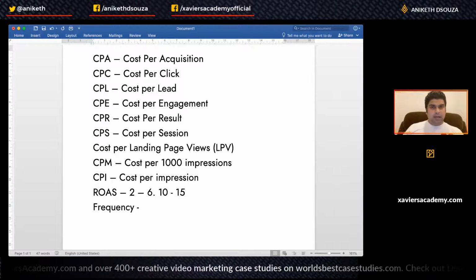And you can control that. You will be in a position to control how many times a particular ad is exposed to a particular person, whether it's based on behavior or anything of that sort. That's a call that you can take, but in a general sense, it stands for the number of times a person is exposed to a single ad.